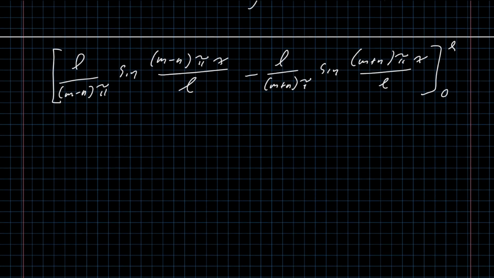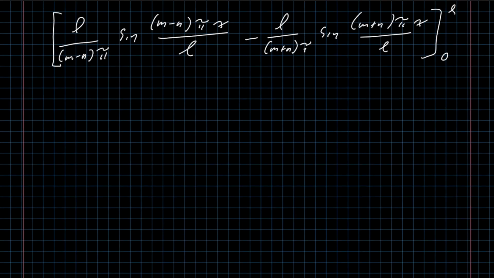Now watch what happens when we plug in the limits of integration. If I plug in x equals L, then I'm going to have an L over L that's going to cancel each other out. And when I plug in the limit of integration x equals 0, then the whole thing is just going to become 0.